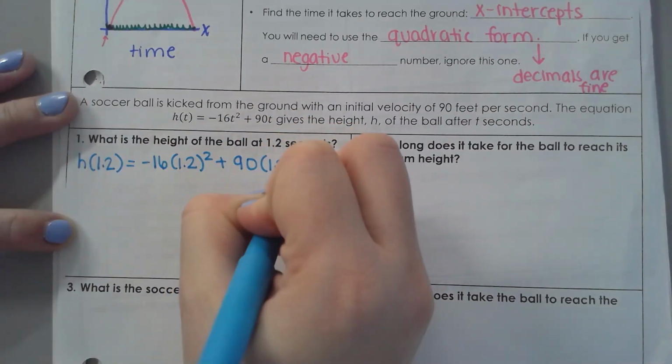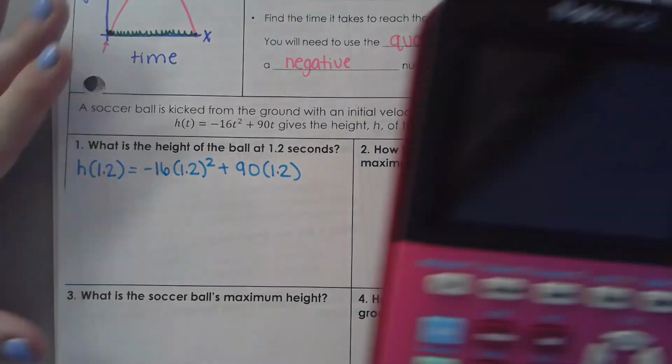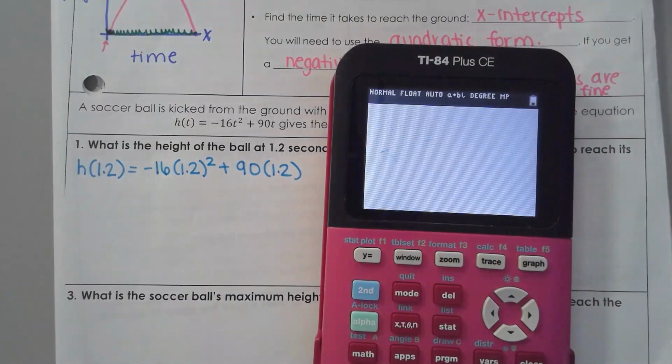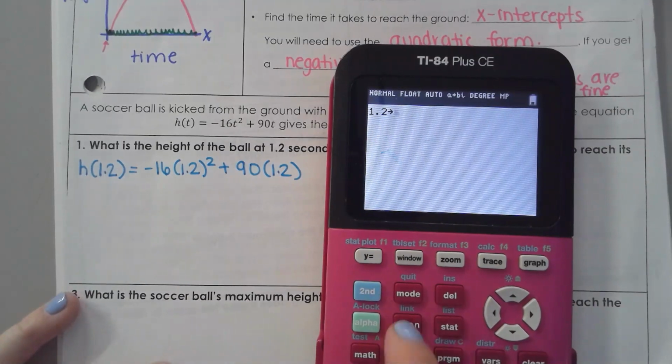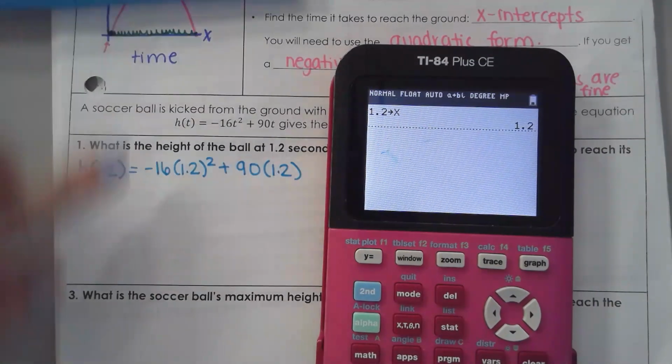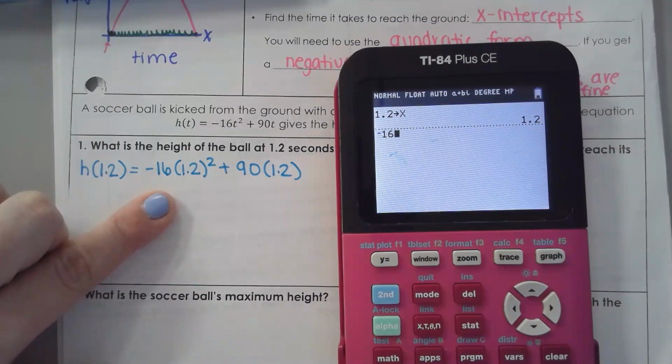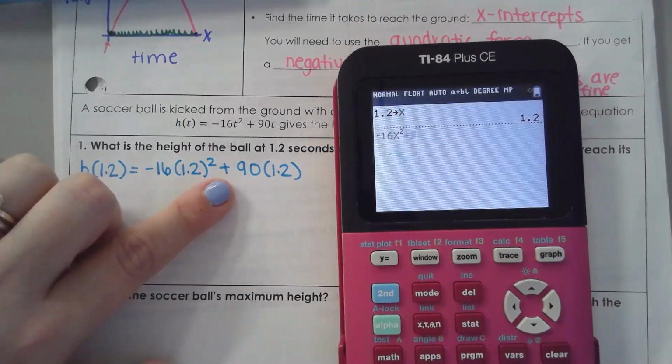Yep, I would store it because as we do some problems later, it'll make it a little faster. I'll show you. If we do 1.2 store x, and then type in negative 16x squared plus 90x.